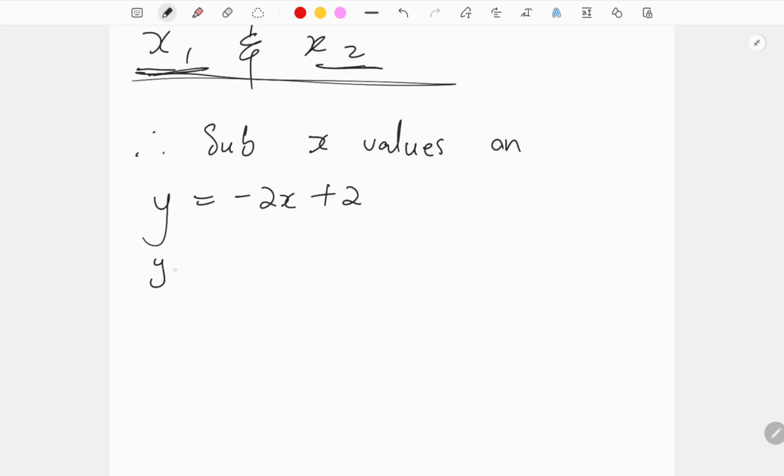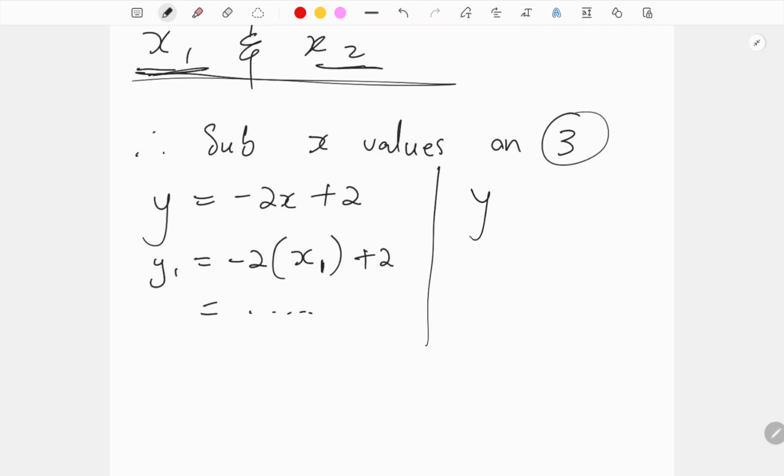You're going to have y1 by substituting whatever value you got when calculating x1 and x2. When you substitute x1, whatever value you got, maybe 1 or 2 or 2 point something, plus 2, you must get the value.